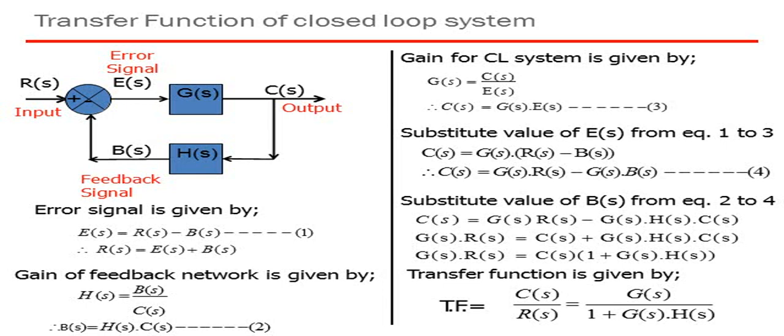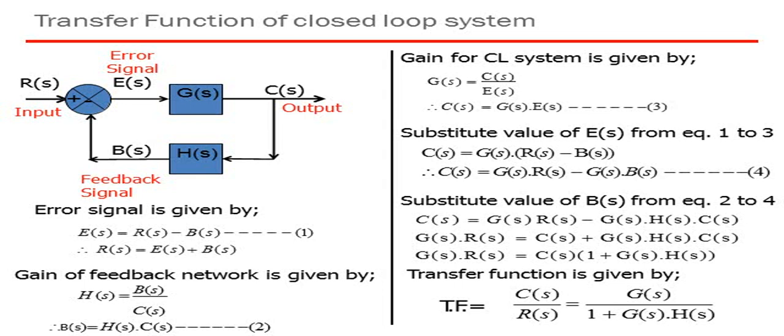Then the gain of the feedback network is H of S, and it is equal to B of S divided by C of S, where B of S is the feedback output and C of S is the output of the system.